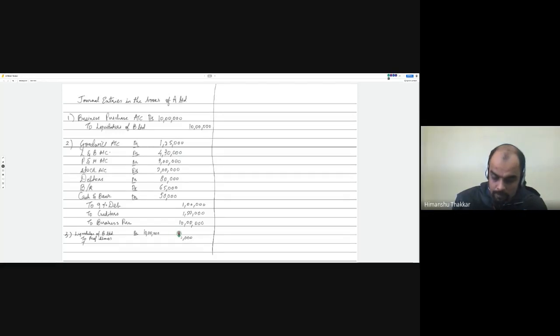Then equity shares were for 5 lakhs. And the balance, that is 2 lakh 50,000, in the form of cash. So to cash 2 lakh 50,000. Done. So this sum was for 14 marks.